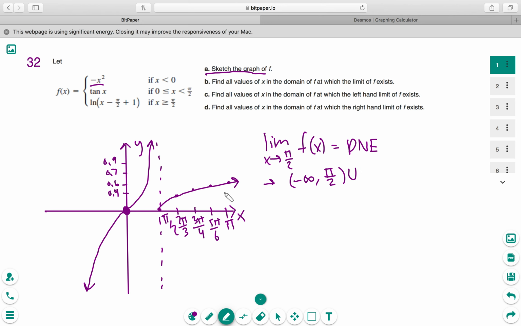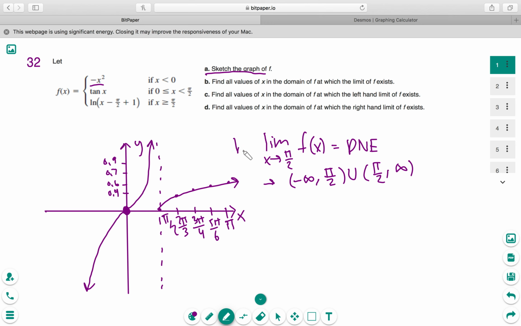Union, because there's this other part, and it's going to go from pi halves, again with a parenthesis because it's not included, and then all the way to positive infinity. And that's it. That's the answer to B, because the limit's going to exist for all these values. It's not going to be included for the value of pi halves, but literally every other value in existence it is. So there it is.